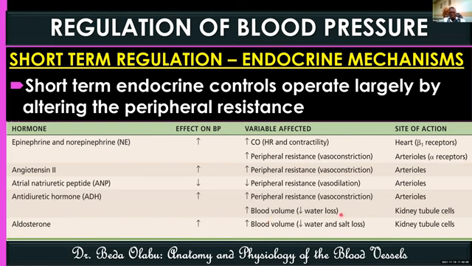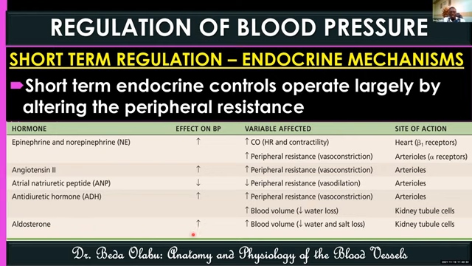Antidiuretic hormone usually has also two effects. It will increase blood volume because it reduces water loss, and that's a kidney mechanism. Again, that's a long-term mechanism more than a short-term mechanism, but a short-term mechanism would be it causing vasoconstriction, and so increasing resistance.